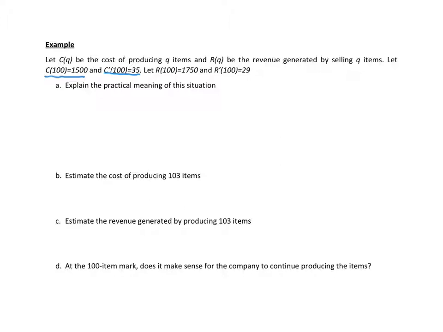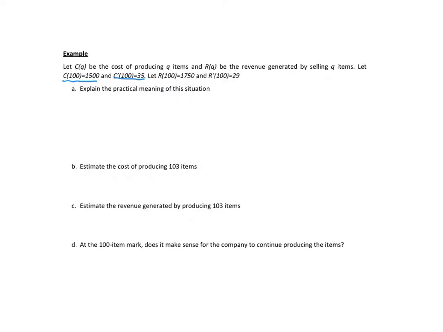The C of 100 equals 1500 is telling us the cost of 100 items is $1,500.